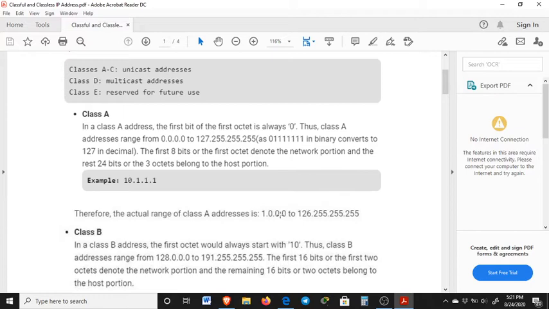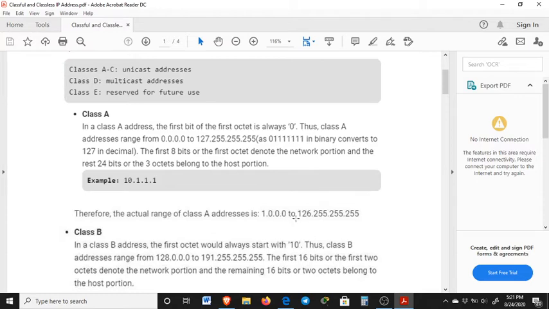That's why the IP version 4 address is 32 bits, because 8 times 4 gives you 32 bits. And the range of class A goes from 1 all the way to 126. So that is class A.